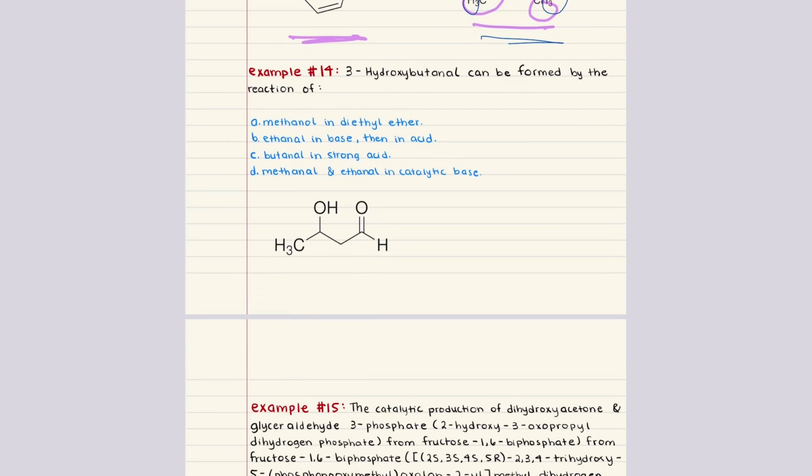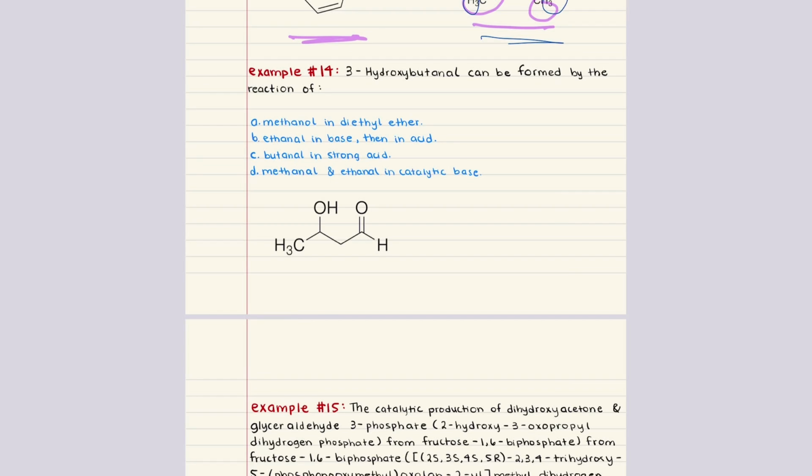Problem 14 says, 3-hydroxybutanal can be formed by the reaction of blank. The first thing we want to do for this question is go ahead and draw out 3-hydroxybutanal. The name also tells us a lot. It's a beta-hydroxyaldehyde, and that is a characteristic product of aldol condensation.